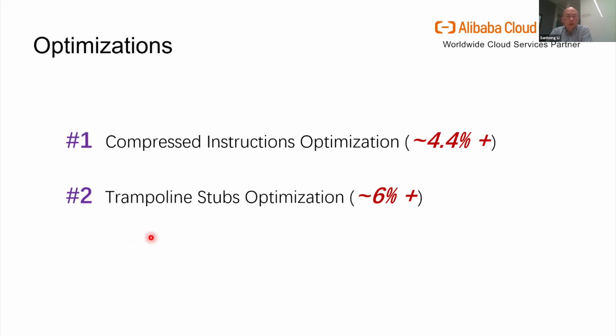The first is that we support the compressed instruction on RISC-V, which gives us about 4.4% in the SPECjbb tests. The second is that we enhance the trampoline stubs in the JIT code, which gives us 6% improvement. I will give you some detail about these optimizations.